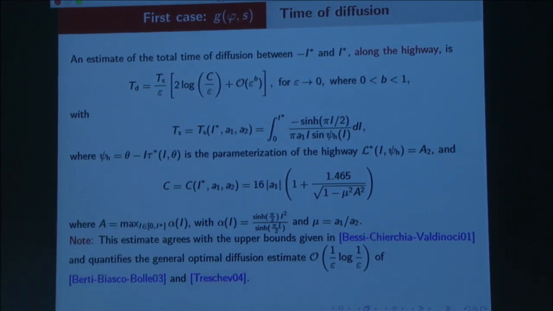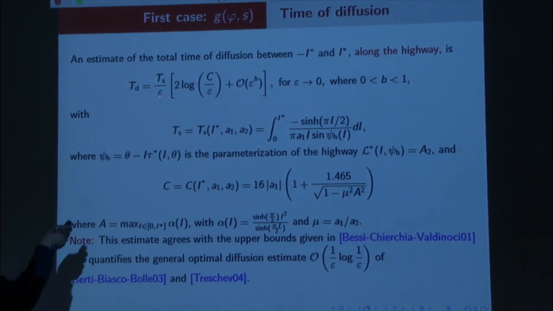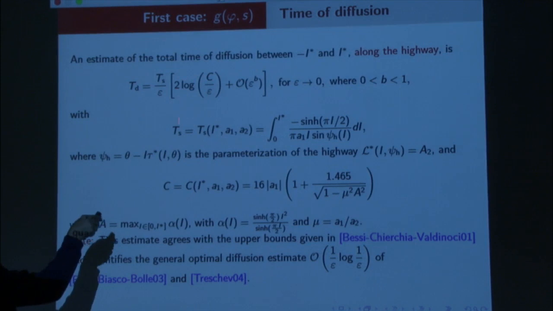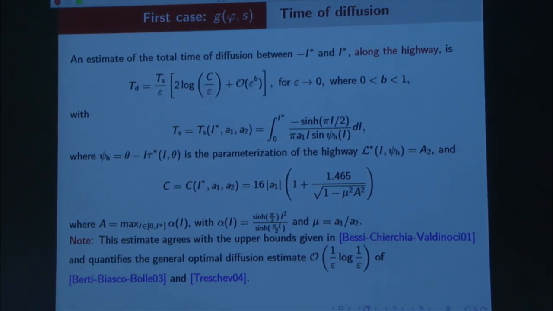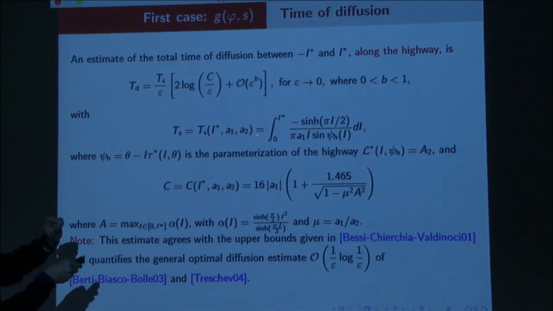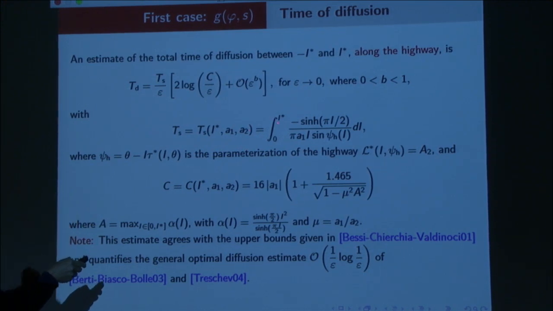And this is something that agrees with all previous estimates. The nice thing here is that you can put even, in this case, what the constants are. How was I able to compute these constants? Because I was looking for the inner dynamics, for the scattering map, I was looking for the differential equation that I had there, so I was able to compute what was the time that I was following the scattering map.